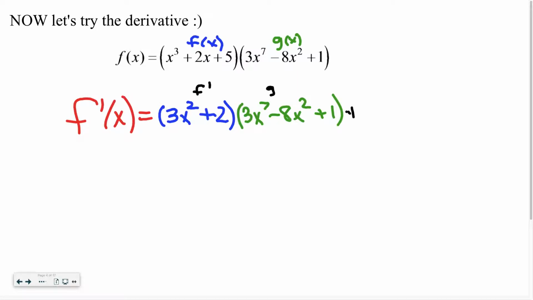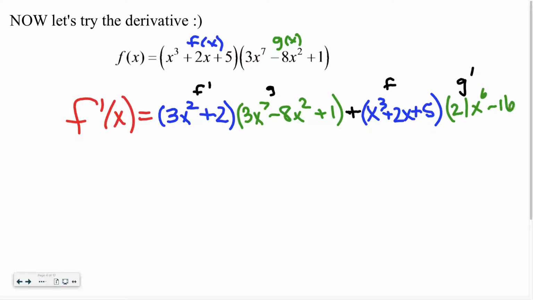Plus, then we're going to keep f the same and multiply it by g prime. Okay? So our first function stays the same, and our second function, we are going to take the derivative of. Is there a question? But now you can leave it like this. We're done.